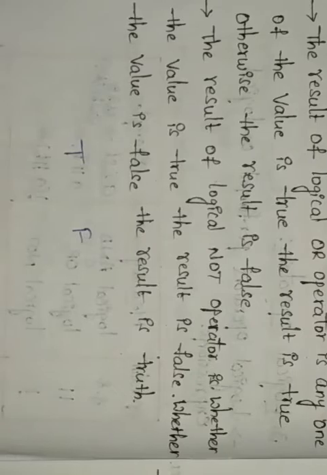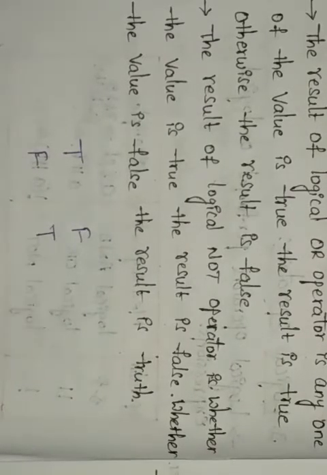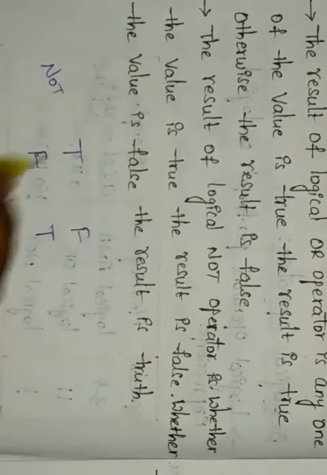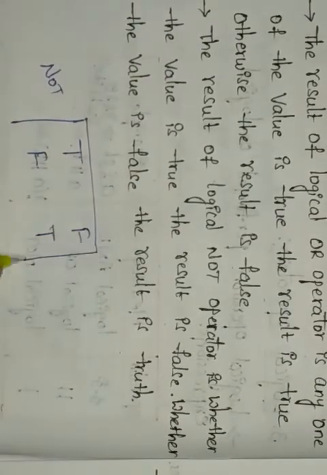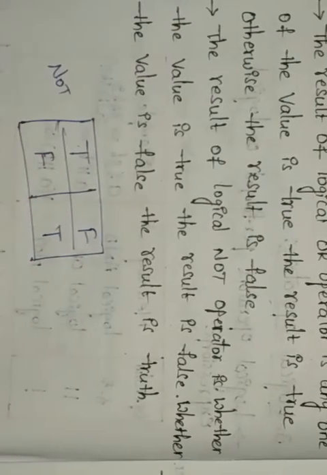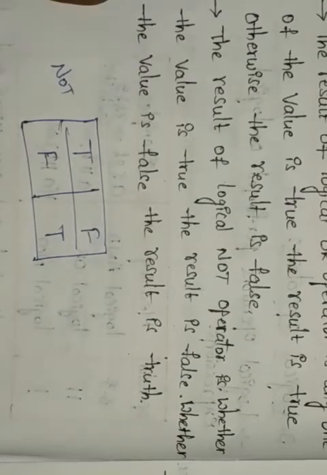The output will be false. Suppose I give false, it gives the true statement. This is for NOT. So whatever the user gives, it performs the opposite. If you give true, it gives the output false. If it is false, it gives the output true.